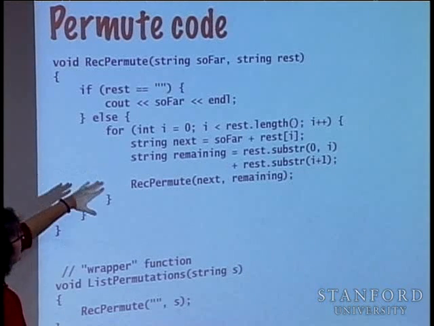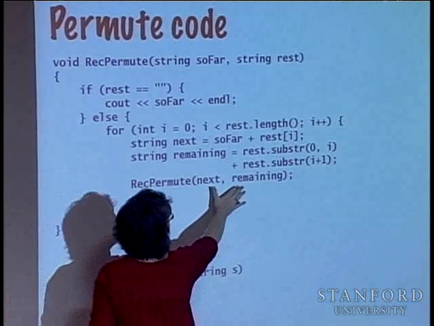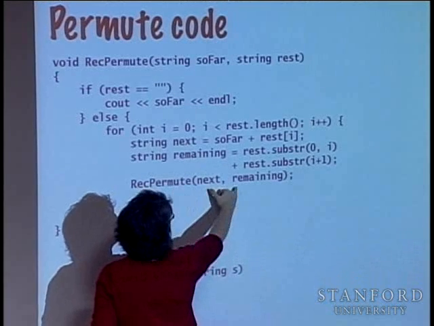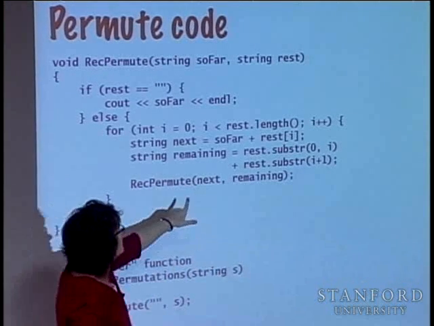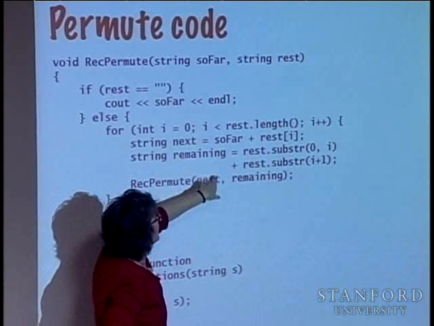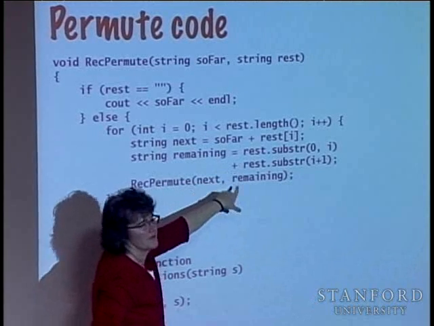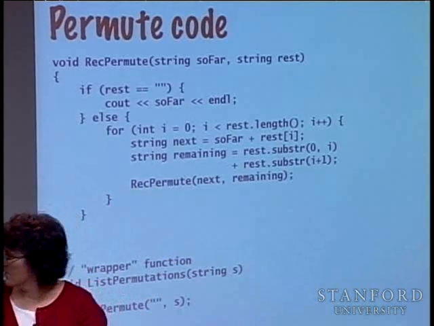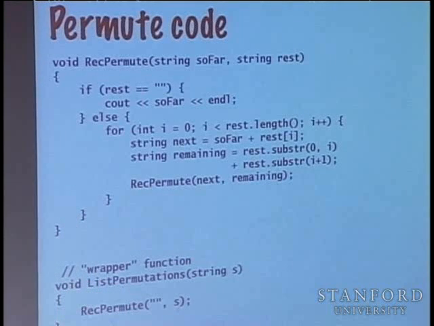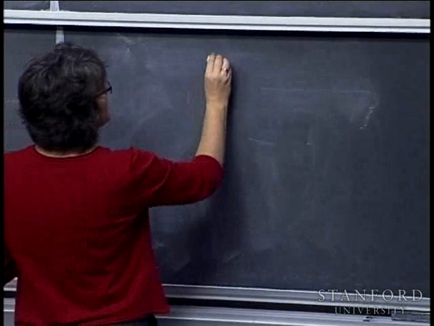Eventually, that rest. So every single call, if you look at the arguments going into the recursive call, next and remaining, this is always one character longer than so far, and this is always one character shorter than rest. And so in terms of this tree of recursive calls, we have some things to pick from.